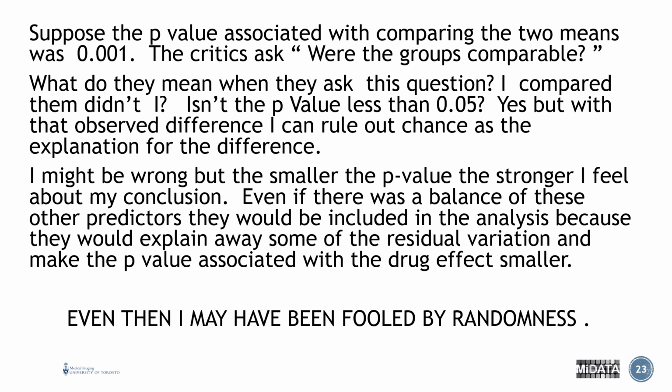So that's the importance of including confounders in the analysis, regardless of how strong a confounder it is, because it actually will explain away some of the residual variation. And then here's your warning. Even then, I may have been fooled by randomness. So we never know for sure, right? And that's something to keep in mind.